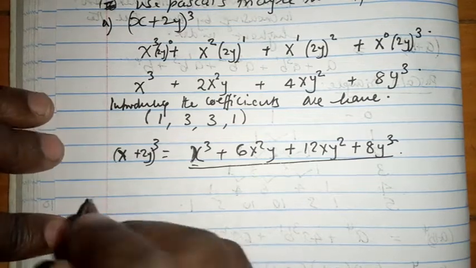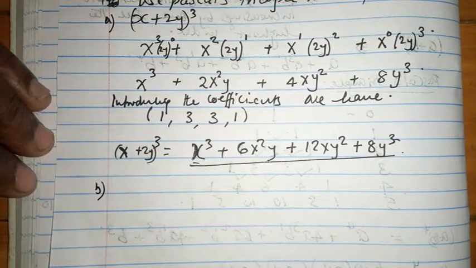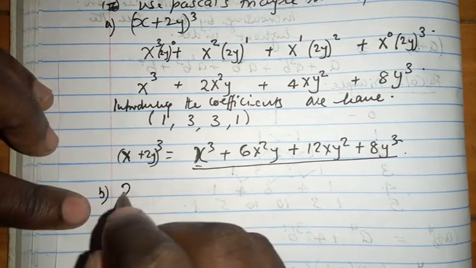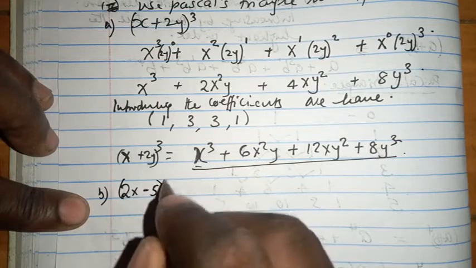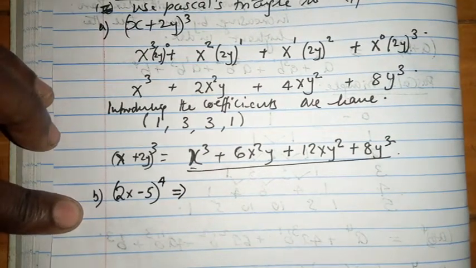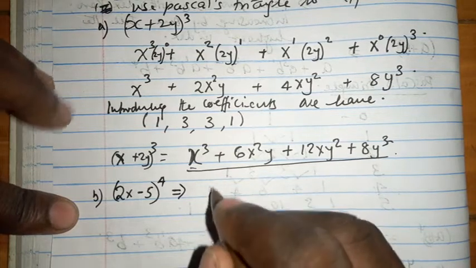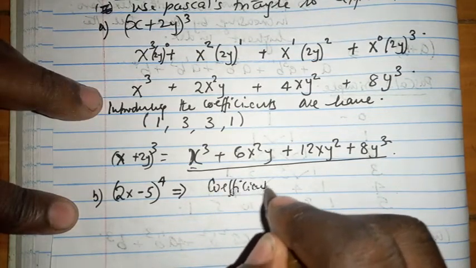And I want us to just go to part B and talk of 2x minus 5 raised to power 4. And I would want to first of all highlight the coefficients.